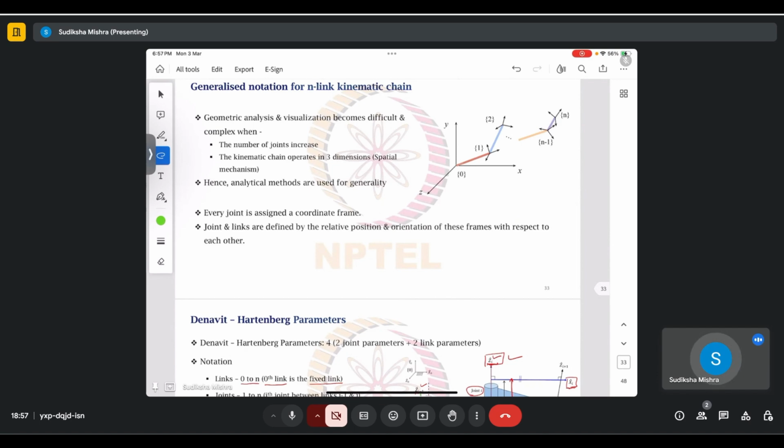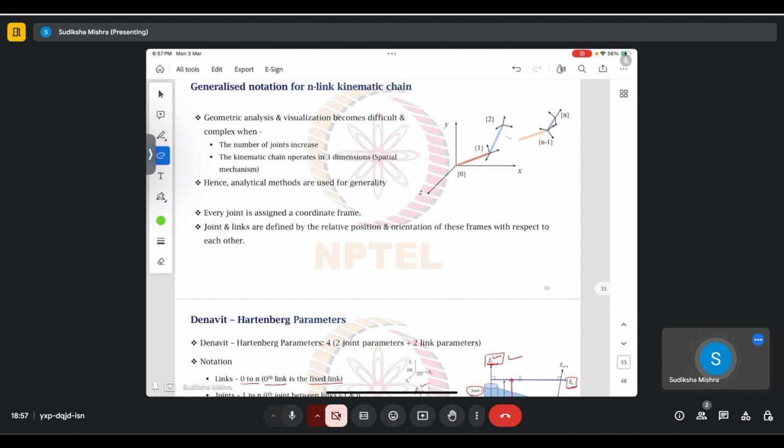One more problem that one might face if they are working with an n-link kinematic chain: in a 3-link kinematic chain, our assumption was that the operation of the kinematic chain is in 2D, in the xy plane. In a multi-link kinematic chain, it might not be the case.